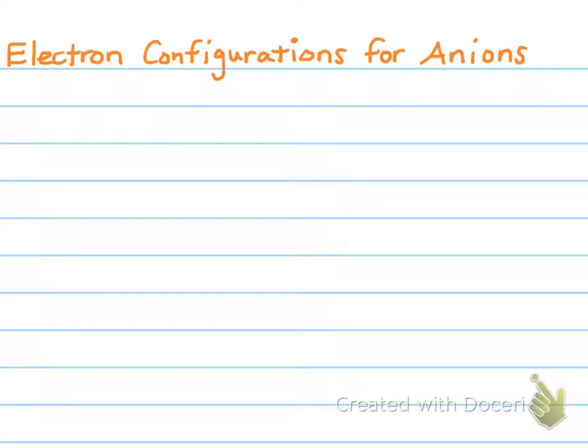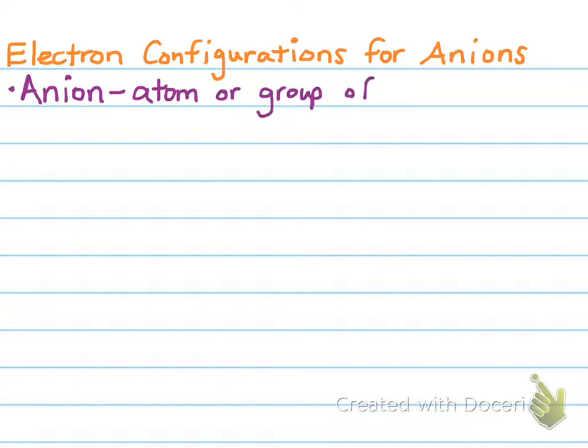So the electron configurations for the anions. Again, kind of a review of what we've talked about before. We've already talked about what an anion is. An anion is an atom or a group of atoms with a negative charge.